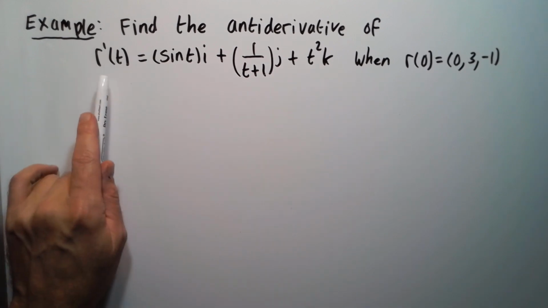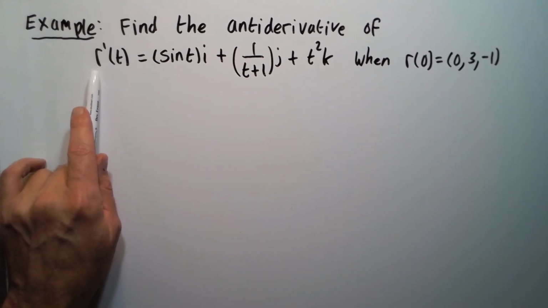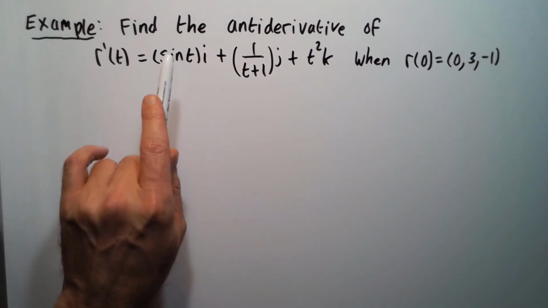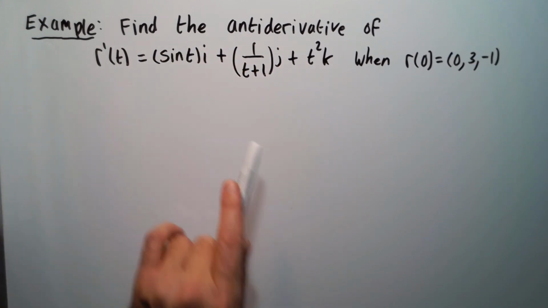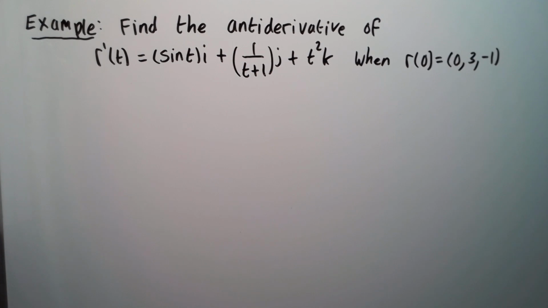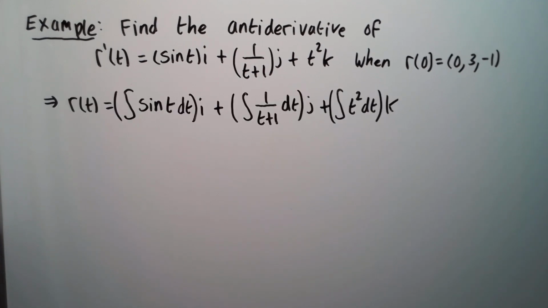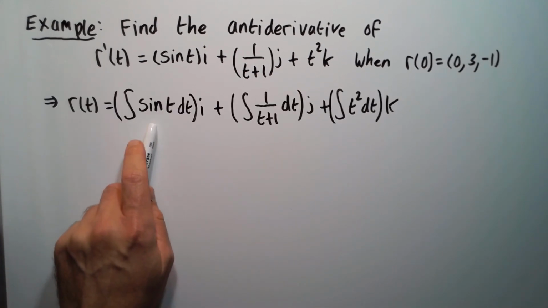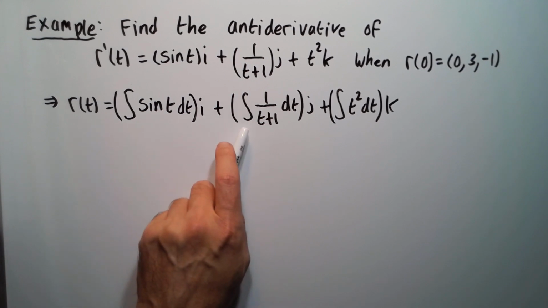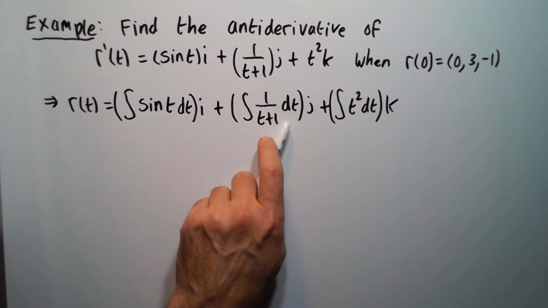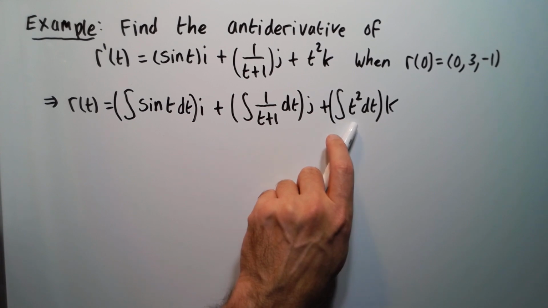So to find r from r prime, we're just going to integrate. So we're going to integrate this guy, and this guy. So let's do it down here. So then r would be the integral of sine t dt, i direction, integral of 1 over t plus 1, j direction, integral of t squared, k direction.